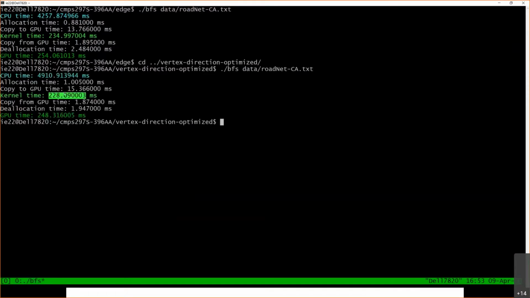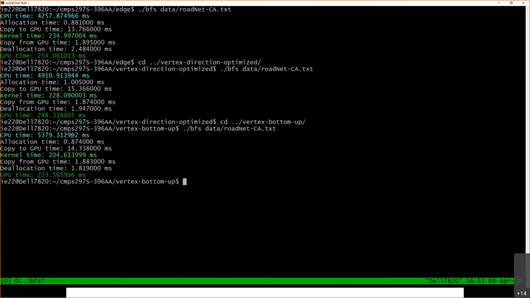Again, we have around 228 milliseconds, so a little bit better than edge-centric. Let's go to the vertex-centric bottom-up approach. And again, we have around 204 milliseconds, so it's a little bit better than the edge-centric approach.